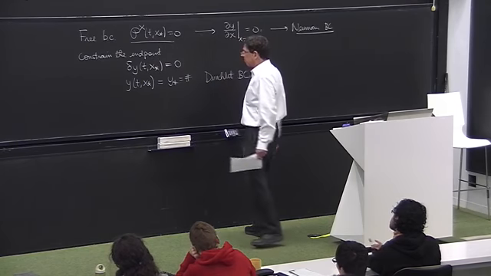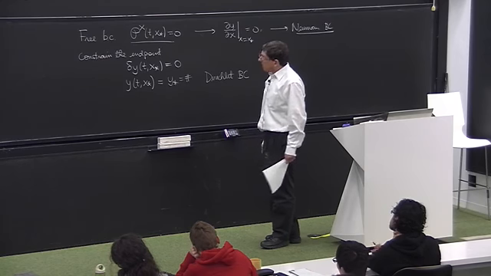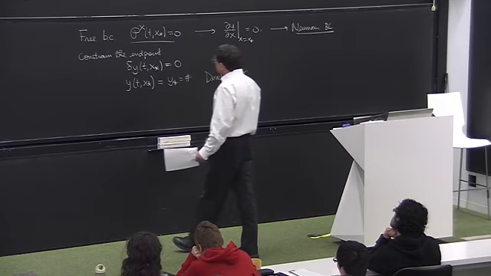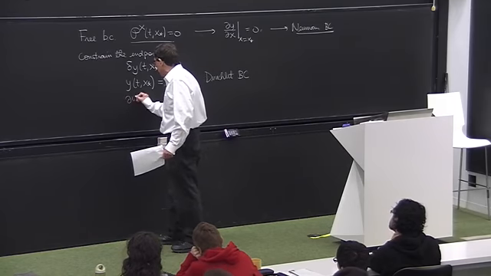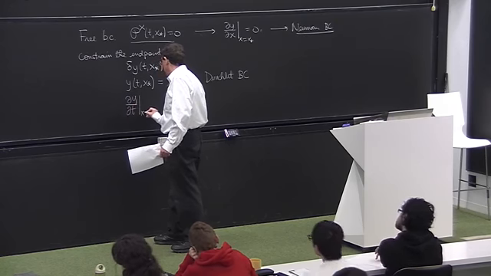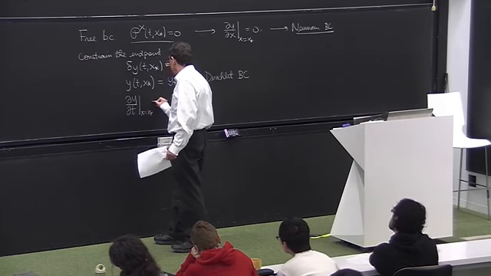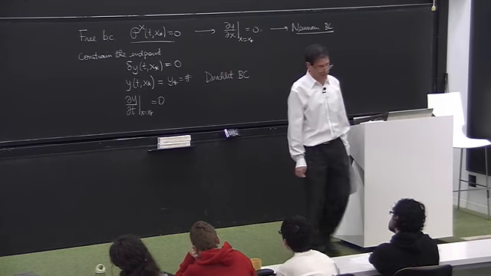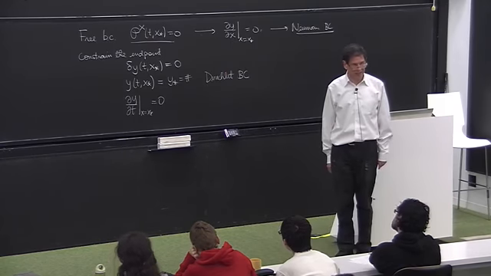But, perhaps more interestingly, it is also the statement that dy/dt at x equal x star is equal to 0. The time derivative of that position is 0.